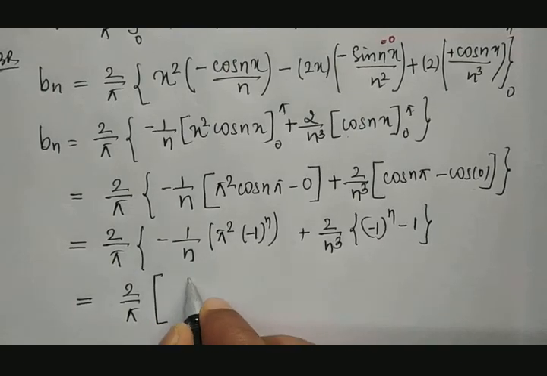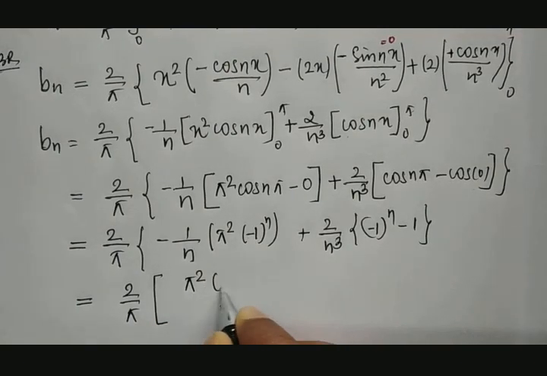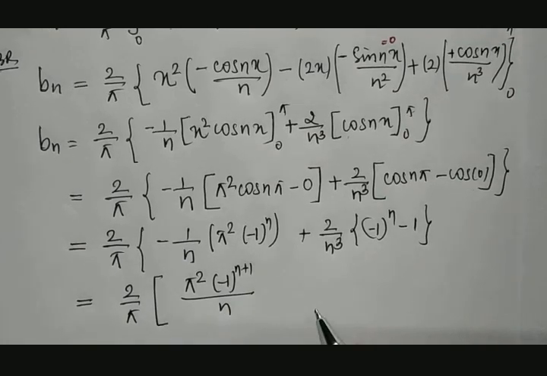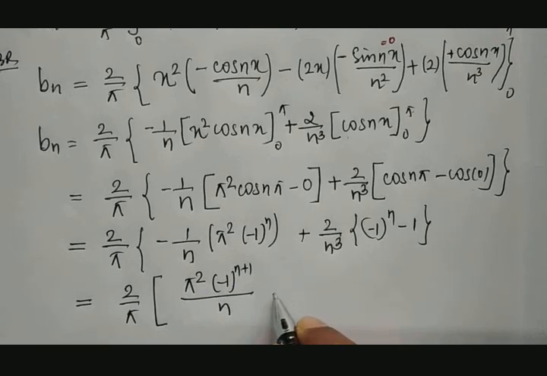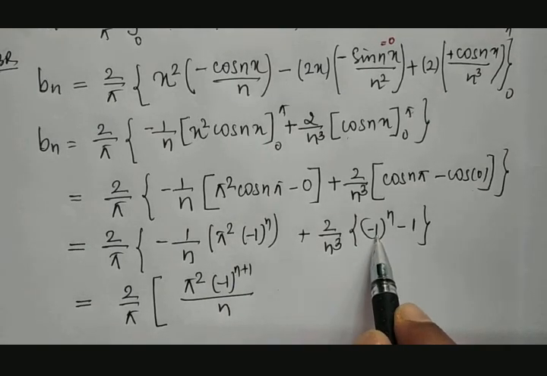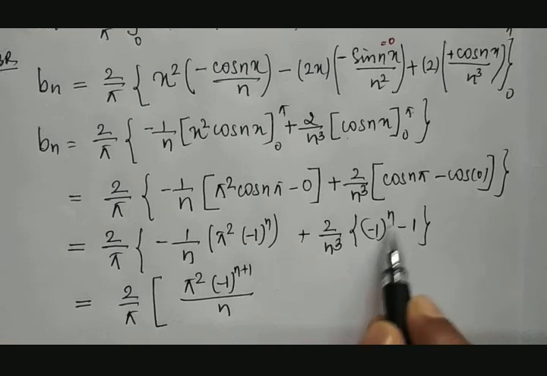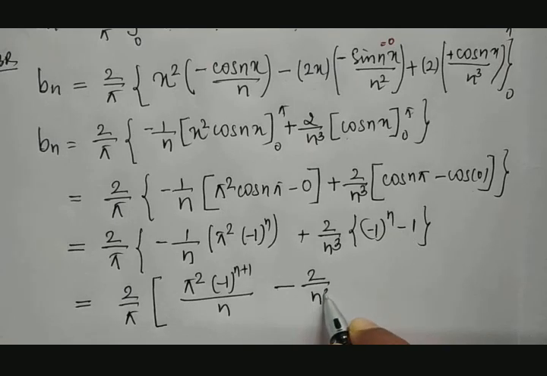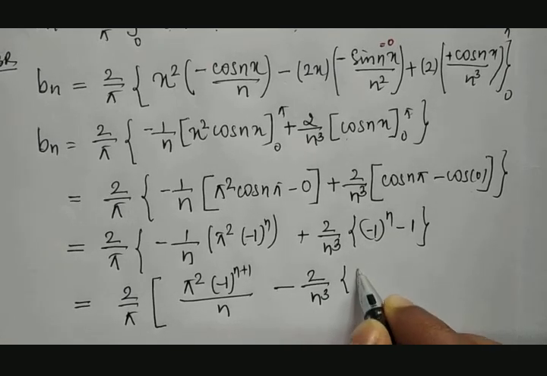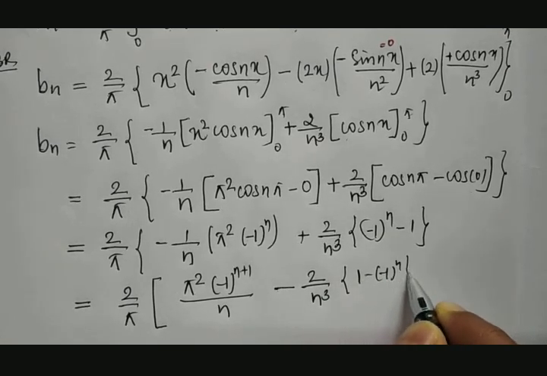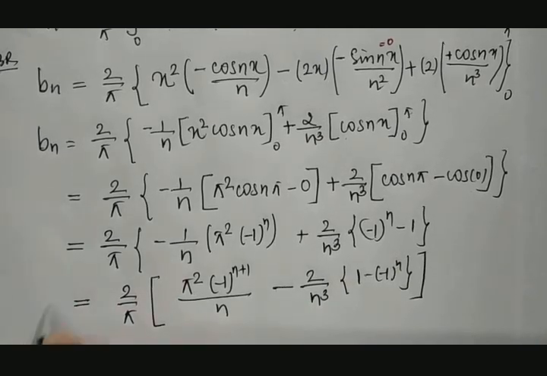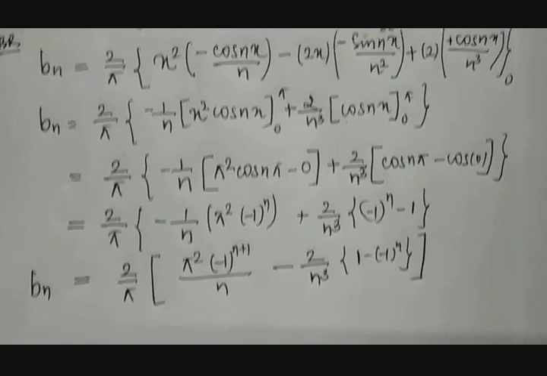Then it becomes pi square into minus 1 raised to n plus 1 divided by n. Fine. Then minus 1 raised to n minus 1, will shuffle the terms and will take minus sign outside. Then it becomes 2 divided by n cube into 1 minus of minus 1 raised to n. Fine. This is bn.